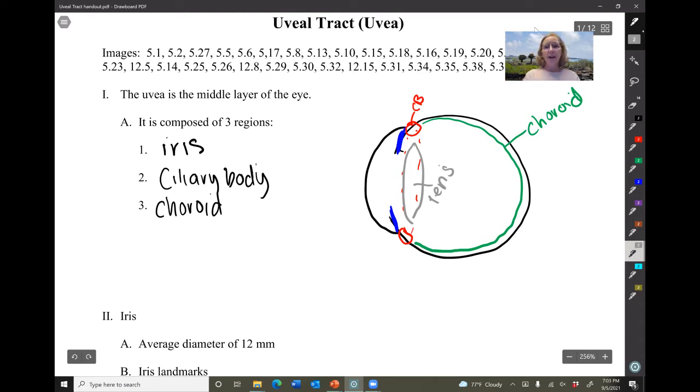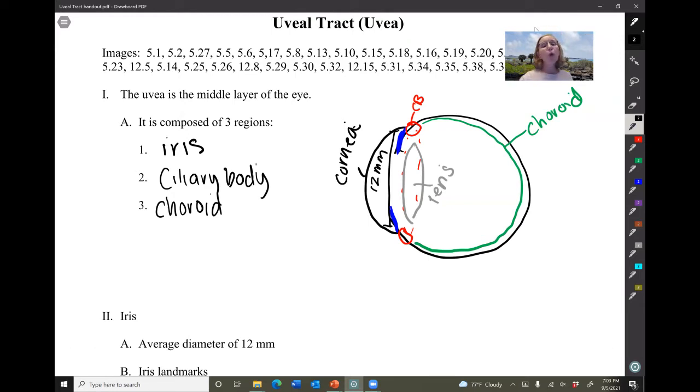And you can see that the iris is anterior to the lens, and it's posterior to the cornea. It's a circular structure, and the average diameter is approximately 12 millimeters.